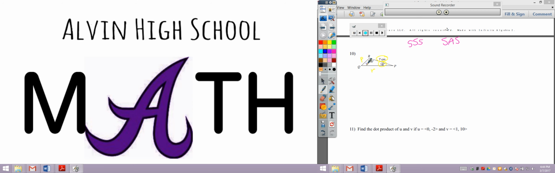So 180 minus 118 minus 18 is 44. So then I have sine of 44 over 7 equals sine of 118 over R. And then you're going to cross multiply. And then R comes out to be 8.897.